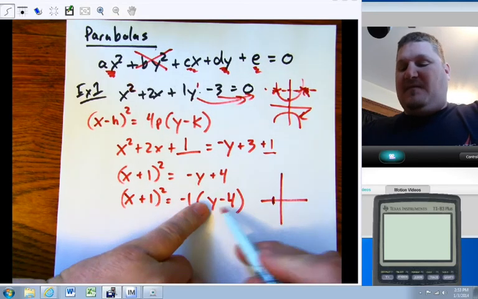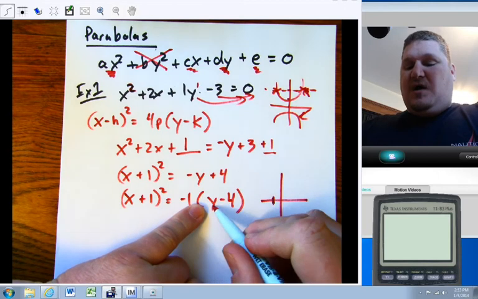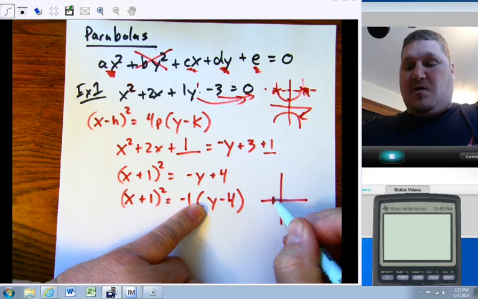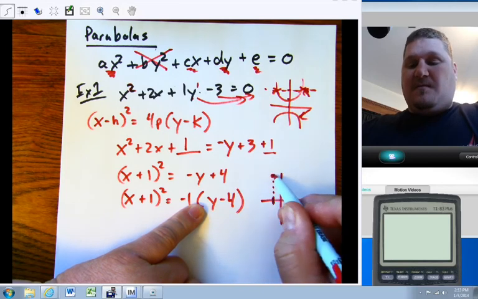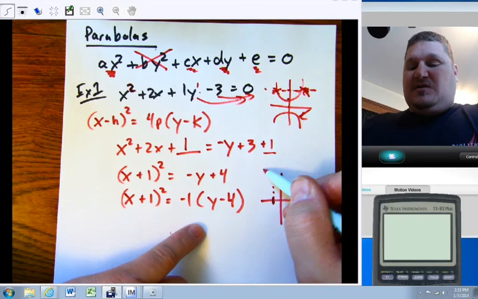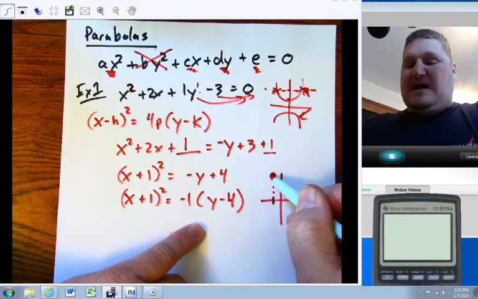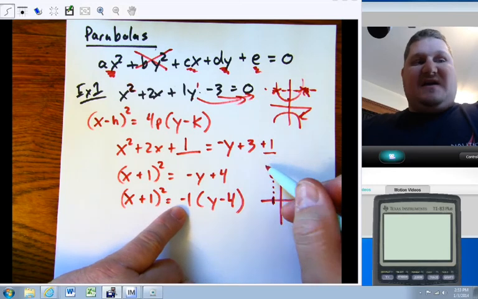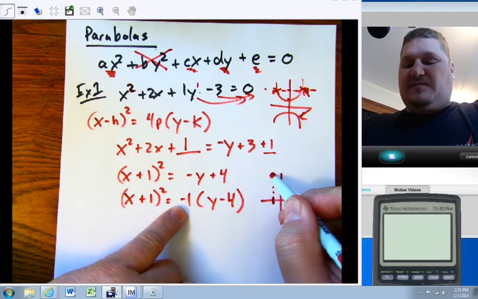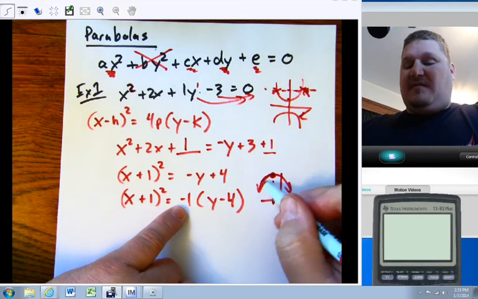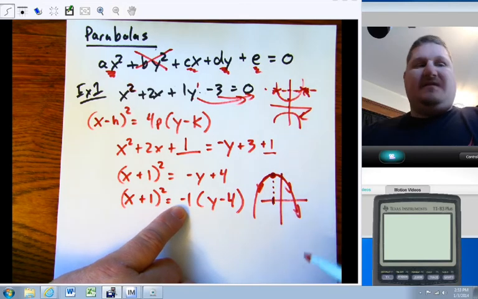So for y minus 4, ask what would go in here to make this 0. What minus 4 would be 0? That is positive 4. 1, 2, 3, 4. Now, usually a parabola opens up, but because of this negative, like every other negative we've done, it's going to go down. So our parabola looks something vaguely like this.